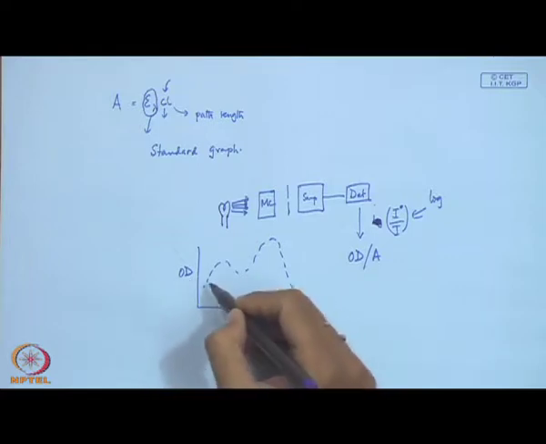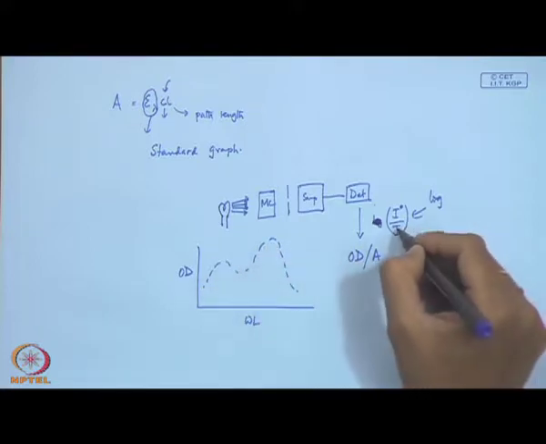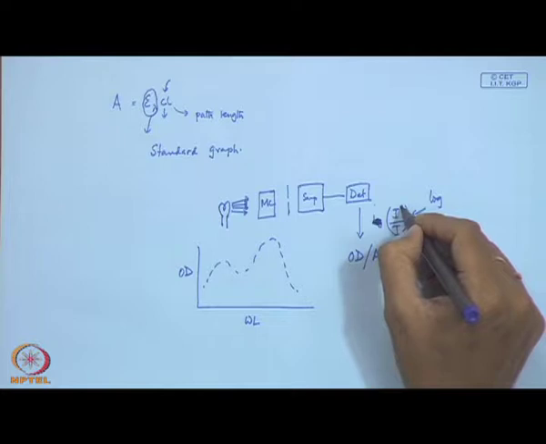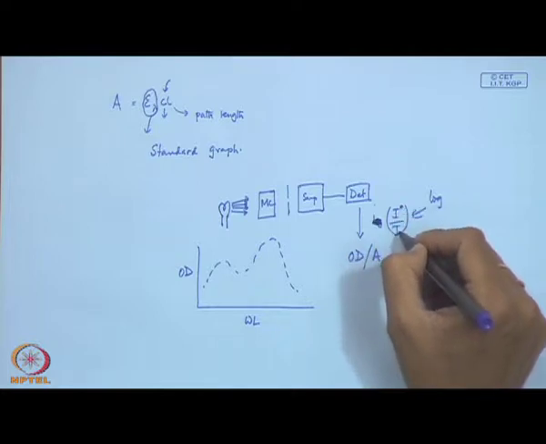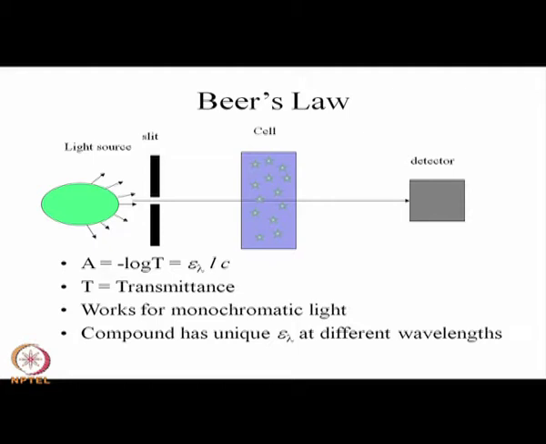Since I0 is more than I, I is less than I0, it means absorption of radiation has taken place. There is another term, transmittance, which is the amount of light that is transmitted, and that you can also use.